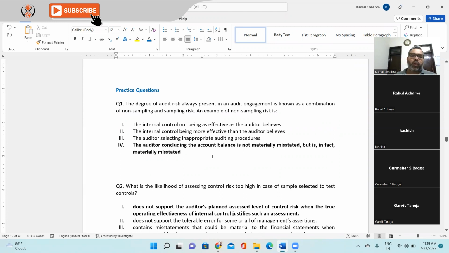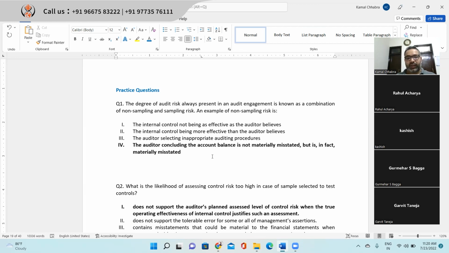The degree of audit risk always present in an audit engagement is known as a combination of non-sampling and sampling risk. An example of non-sampling risk is what? Which one of these four options is a non-sampling risk? The internal controls not being as effective as the auditor believes. Internal controls being more effective than the auditor believes.